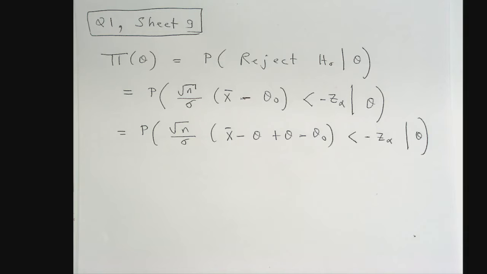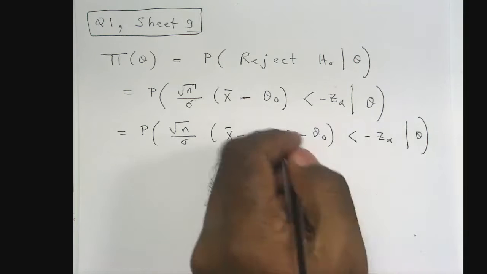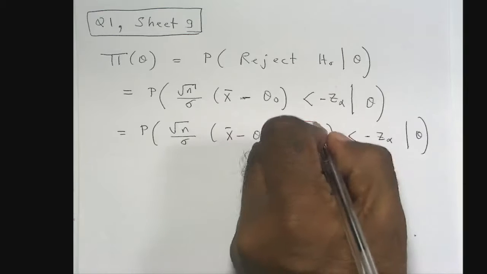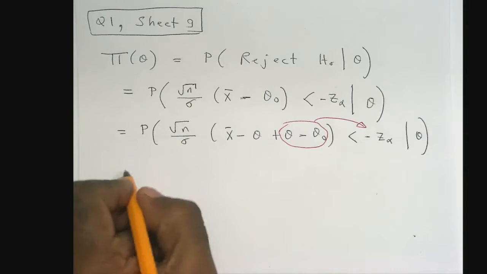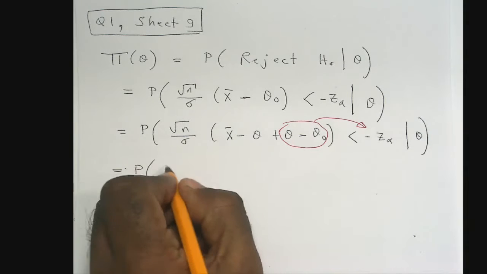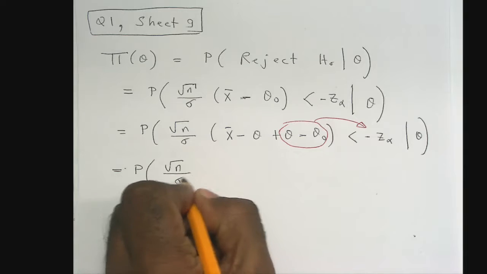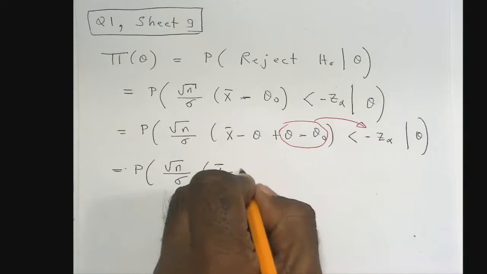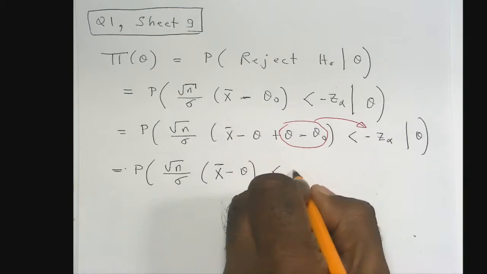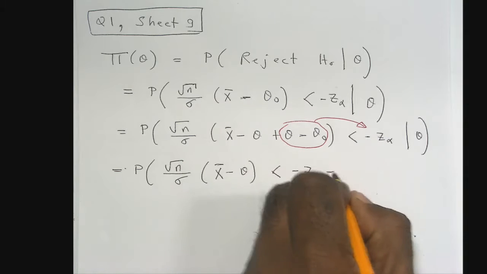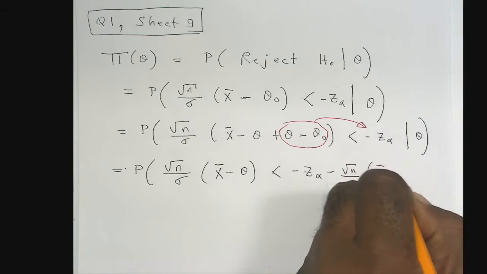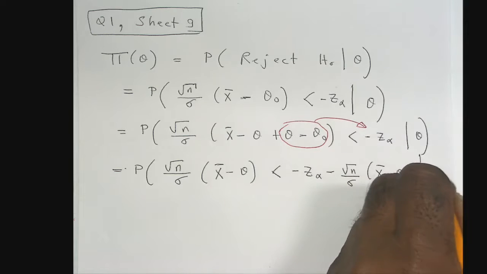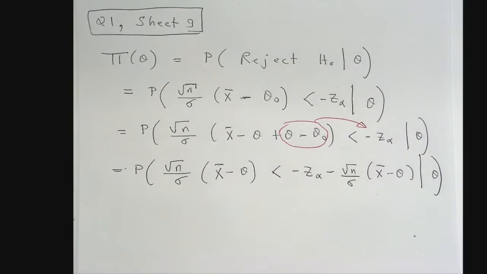Okay, now I'm going to group these two and take this to the right hand side, right? And if you do that, you will get the probability, yeah, this is what you will get.